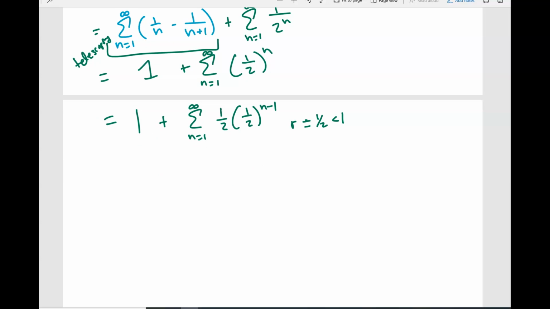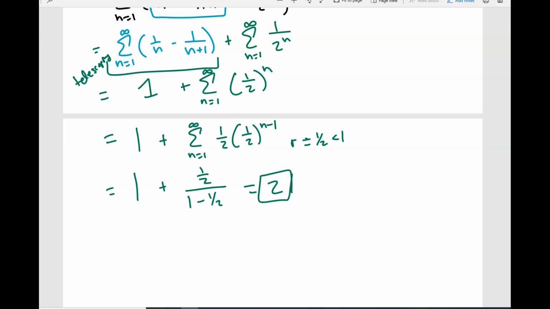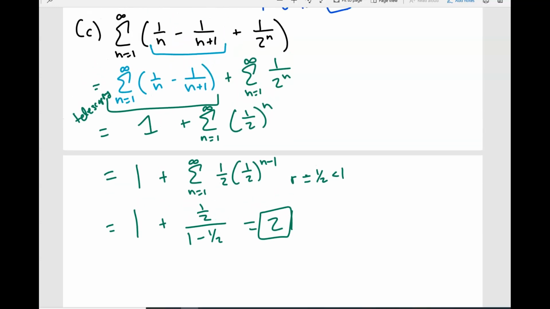So all we have to do is just find the sum. So 1 plus a1, which in this case is 1/2, over 1 minus 1/2. So I'm going to put this in my calculator. I'm going to have 1 plus 1 over 2 divided by 1 minus 1 over 2. And what that's going to give me is just a 2. So this series does converge, and this is what it converges to.